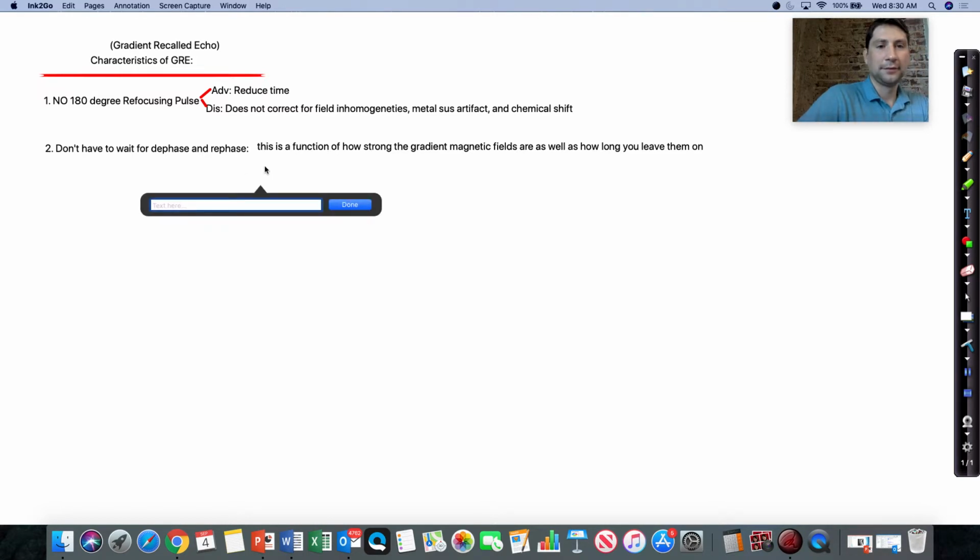So, an advantage of this, we can compress our pulse sequence. We could reduce our TR and we can reduce our TE. Which one's part of the scan time equation, TR or TE? TR.